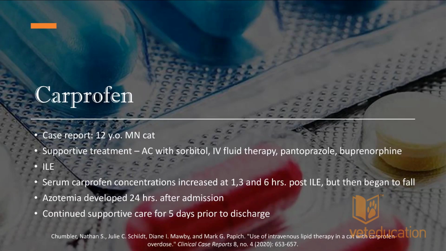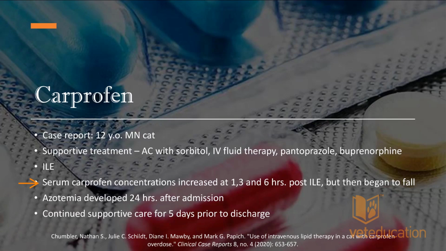What about carprofen toxicity? There's a 12-year-old male-neutered cat who had an overdose of carprofen, had supportive treatment with activated charcoal and sorbitol, IV fluid therapy, pantoprazole, and buprenorphine, and had some intravenous lipid emulsion therapy. Now, interestingly, serum carprofen levels increased at 1, 3, and 6 hours, and then began to fall afterwards.